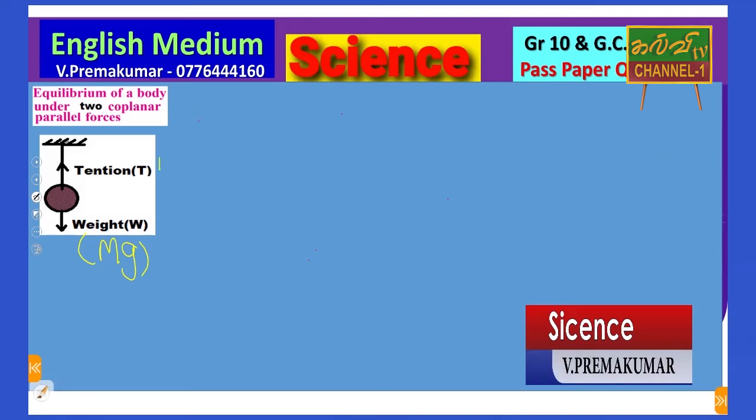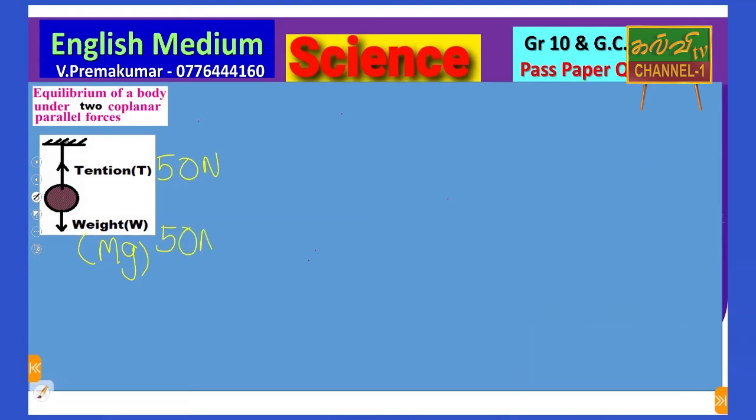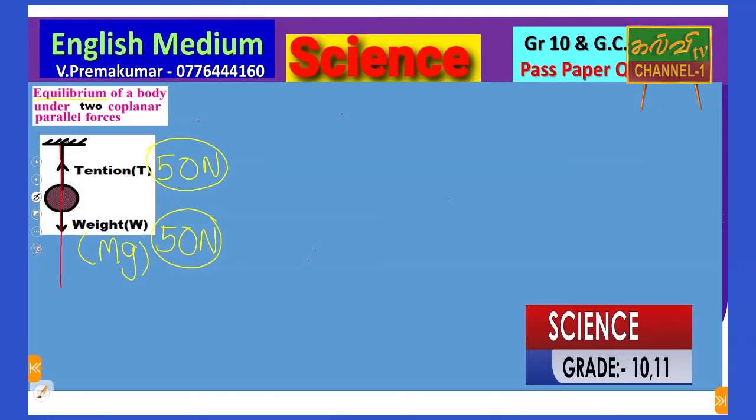If the tension is 50 Newton, the weight also is 50 Newton, otherwise it can't be in equilibrium. It should be the same, along the same direct line, and opposite to each other.